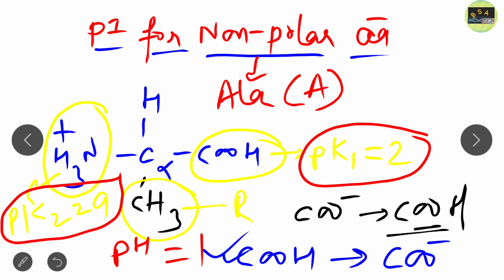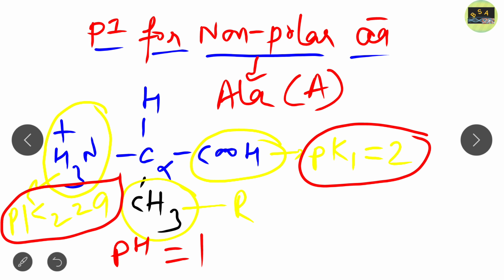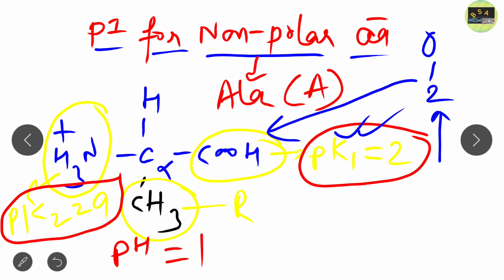Clear? Now this is the pK1 value. If we go below this pK1 value, that is 0, 1 and 2, then we take it as COOH, the protonated form.